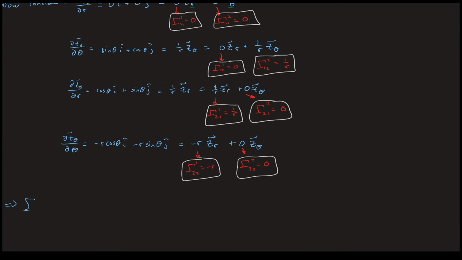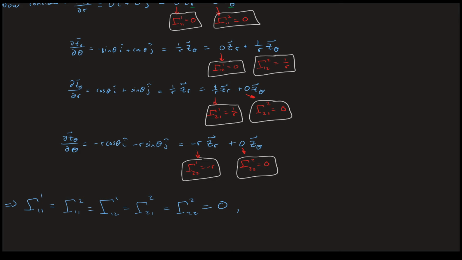So gamma 111 was equal to gamma 112 equal to gamma 121 equal to gamma 212 equal to gamma 222 equals 0.